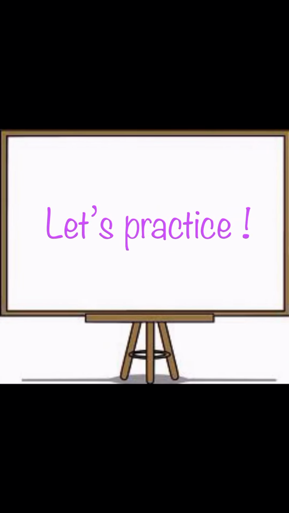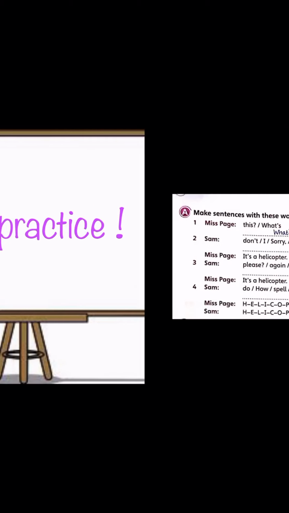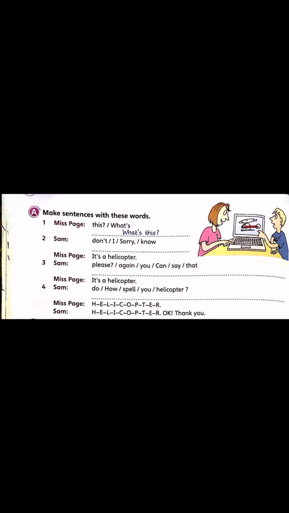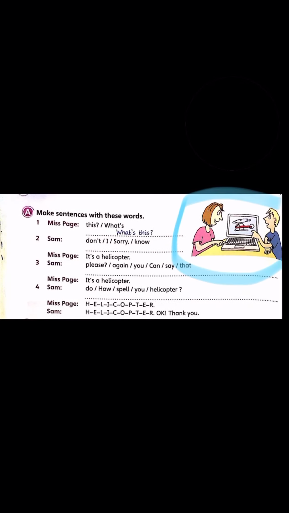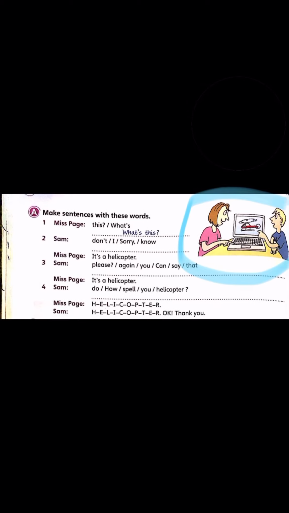Okay, now that's about the natural order of the English sentence order or the English question order. Now let's practice with exercise A. Look at the picture that we have here.